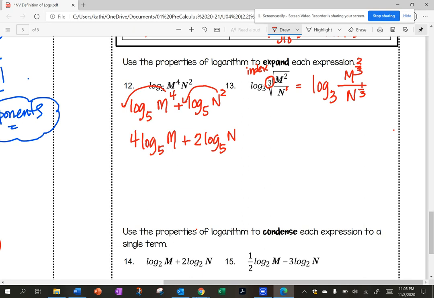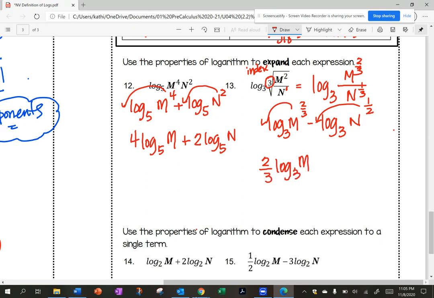So first, by dividing, when I expand out, then I'm subtracting. So this will be log base 3 of m to the 2/3 minus log base 3 of n to the 1/3. Now I want to bring the exponent in front. So 2/3 log base 3 of m minus, I wrote 1/2, 1/3 log base 3 of n.